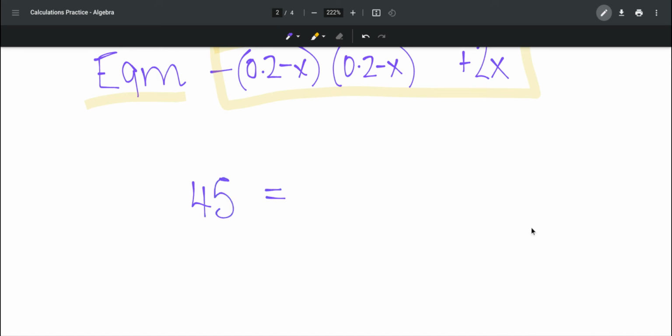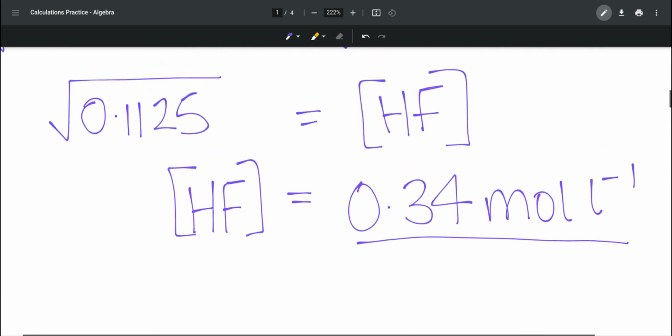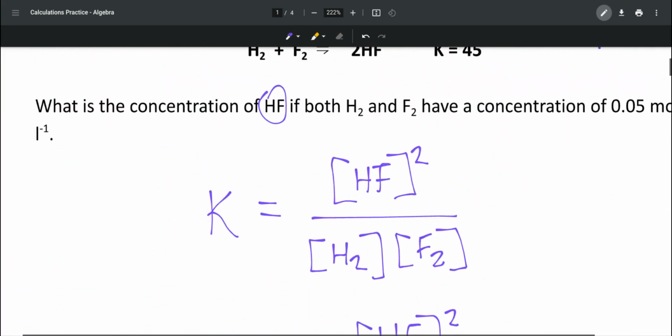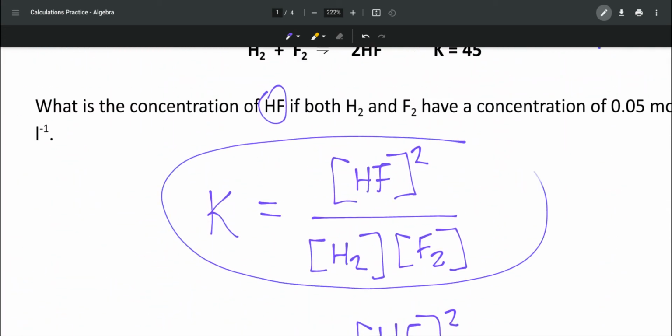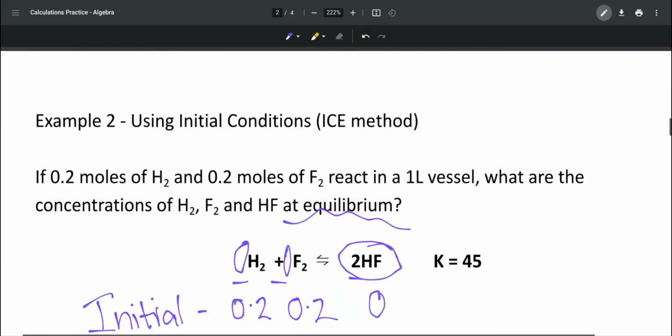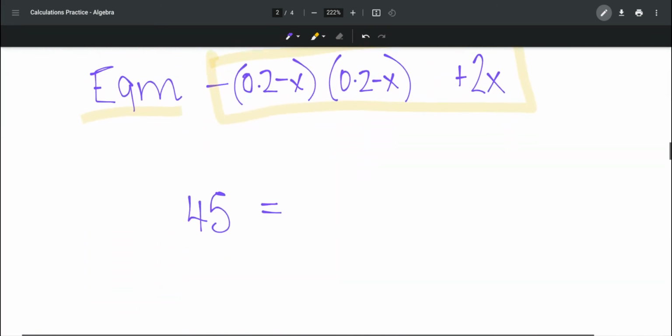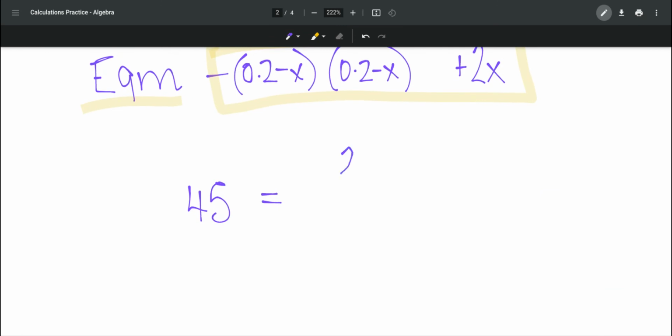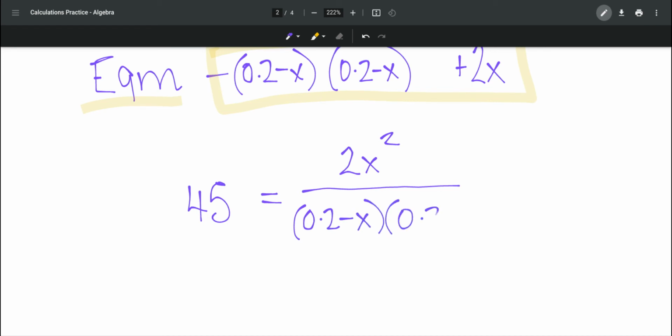45 is equal to, if we just use the equilibrium expression from before, it's exactly the same. We're still using this. Nothing has changed. But this time we're inputting the values that we have calculated at equilibrium. So we're going to have 2x squared on the top divided by 0.2 take away x, 0.2 take away x.